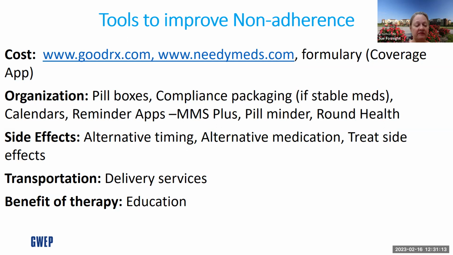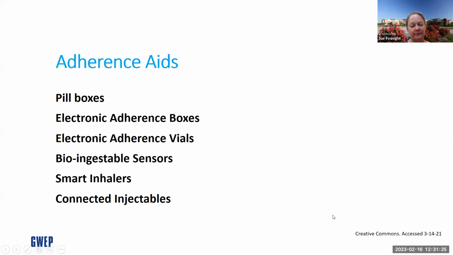So getting the patient involved with one of those pharmacies can help to make sure that they don't have to wait for the medication. And then education will help with the benefit of therapy. So making sure that the patient understands the difference between symptoms, and then some of the medications are to try to ensure that they have the longest life possible.